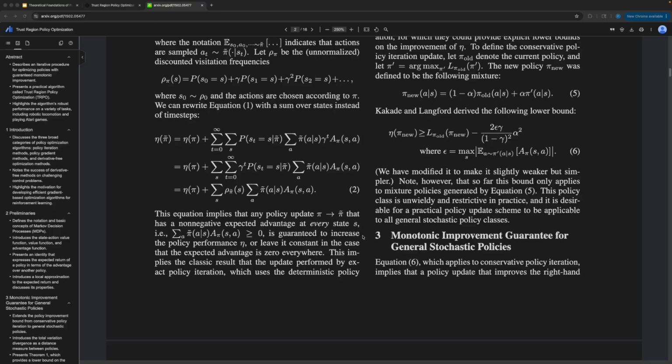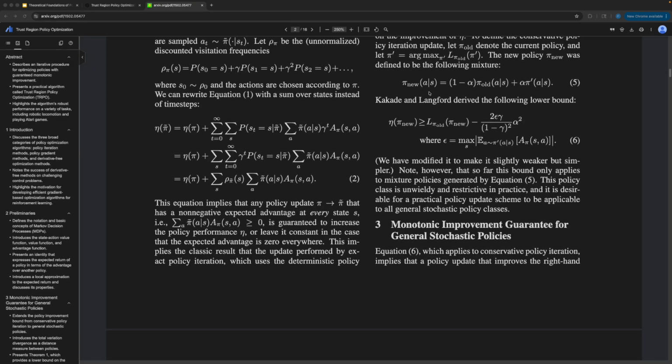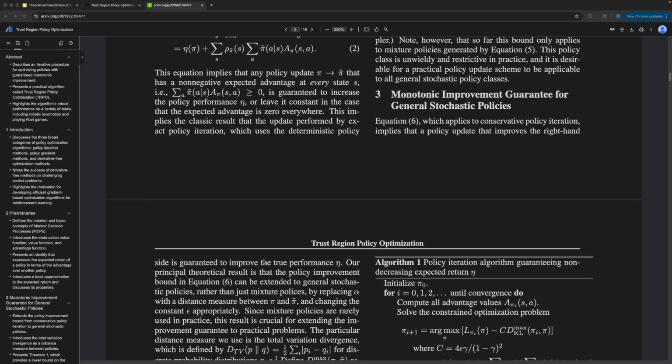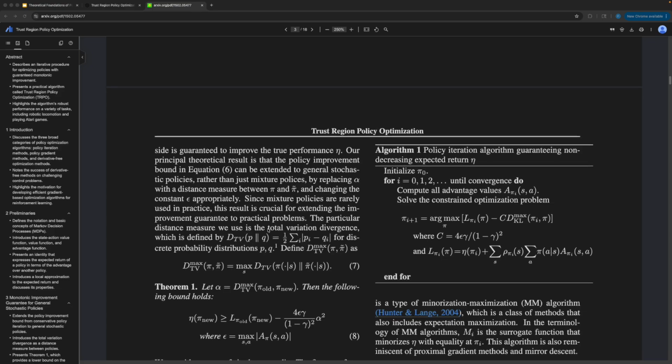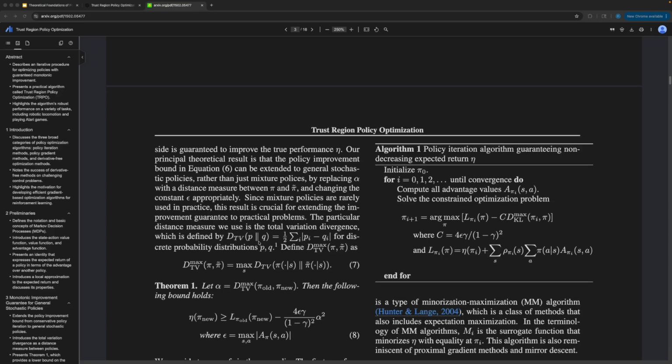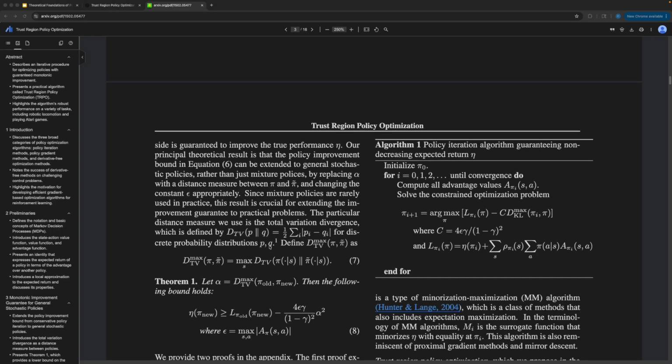However, in TRPO, they derive a similar bound for general policies, where instead of this mixture, they replace the alpha with some measure of the distance between π and π̃. So first, let's see what the total variation divergence is. D_TV between two probability distributions P and Q is half the summation over all i of the absolute value of P_i minus Q_i. So this gives you some measure of how different the probability distributions P and Q are.